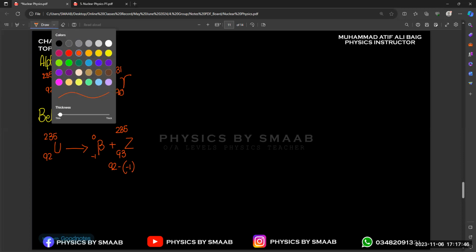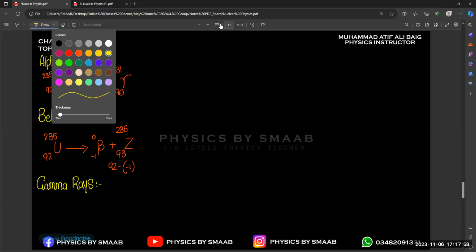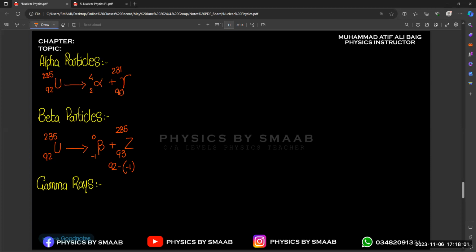And the third one is the gamma rays. And we know that gamma rays are only a form of energy. So if we consider uranium, again 235, 92, it will remain the same, 92, 235, plus energy will release from it, right?